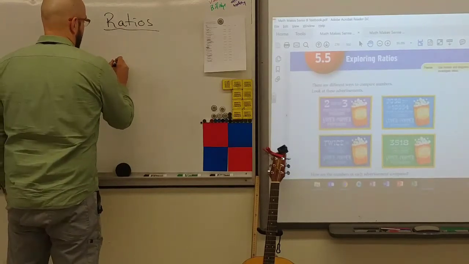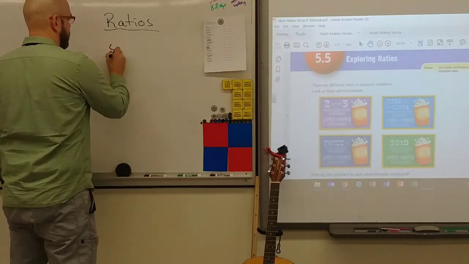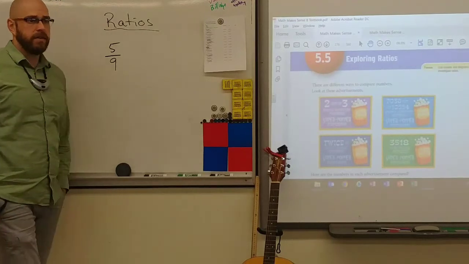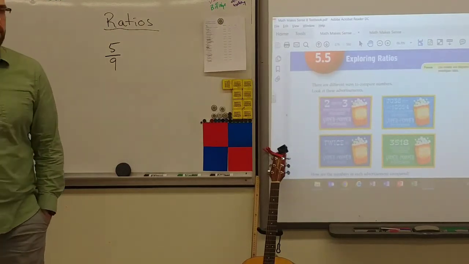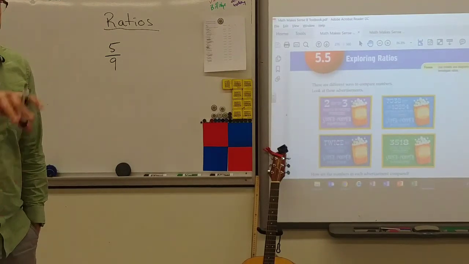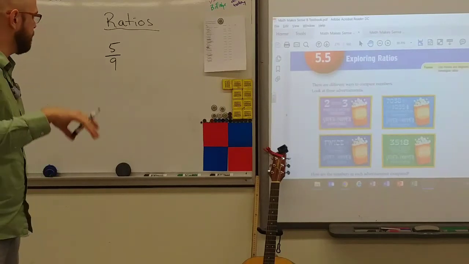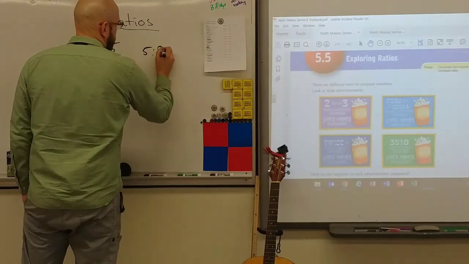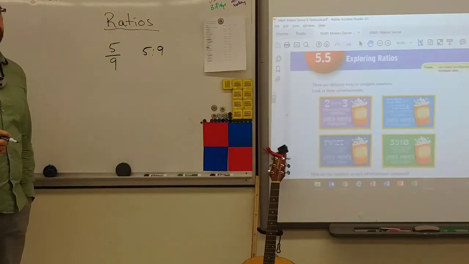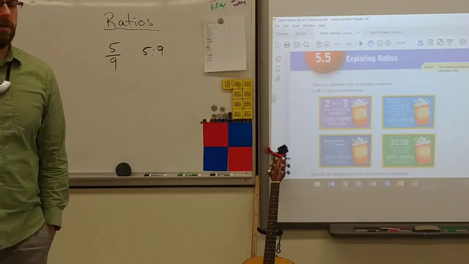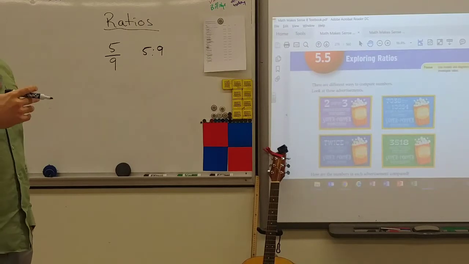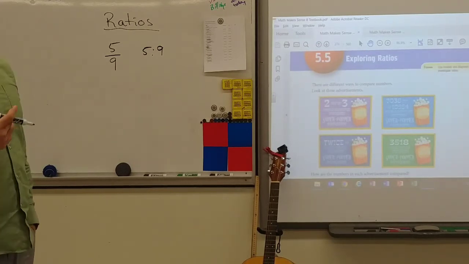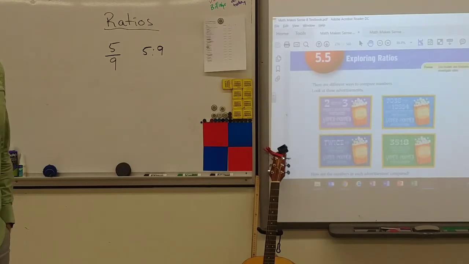Well, if I've got 9 grade 8s and 5 girls, 5 out of 9 are girls, right? 5 out of 9 grade 8s right now in this lesson are girls. Okay, great. So I can say the ratio of girls to grade 8s is 5 to 9. So if I said, what is the ratio of girl grade 8s to grade 8s total, you would say 5 out of 9.